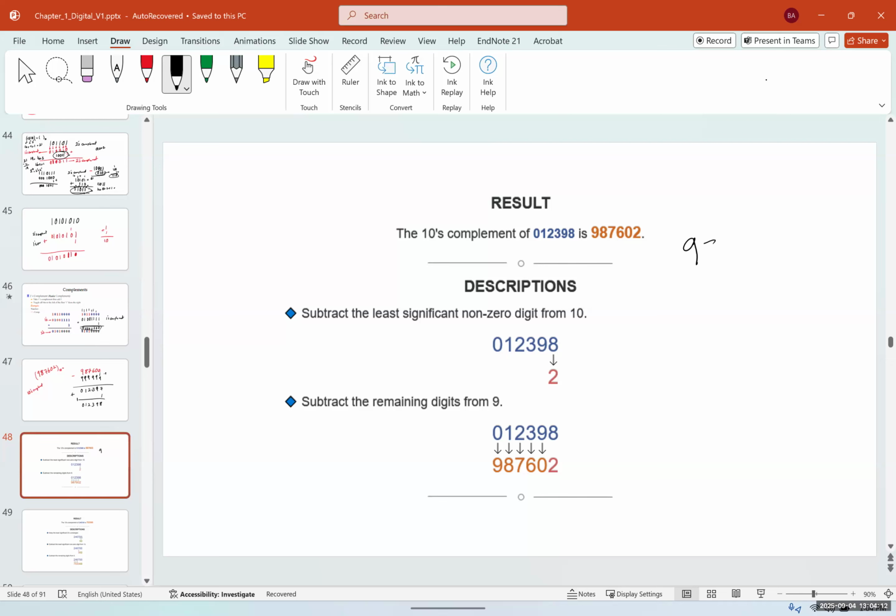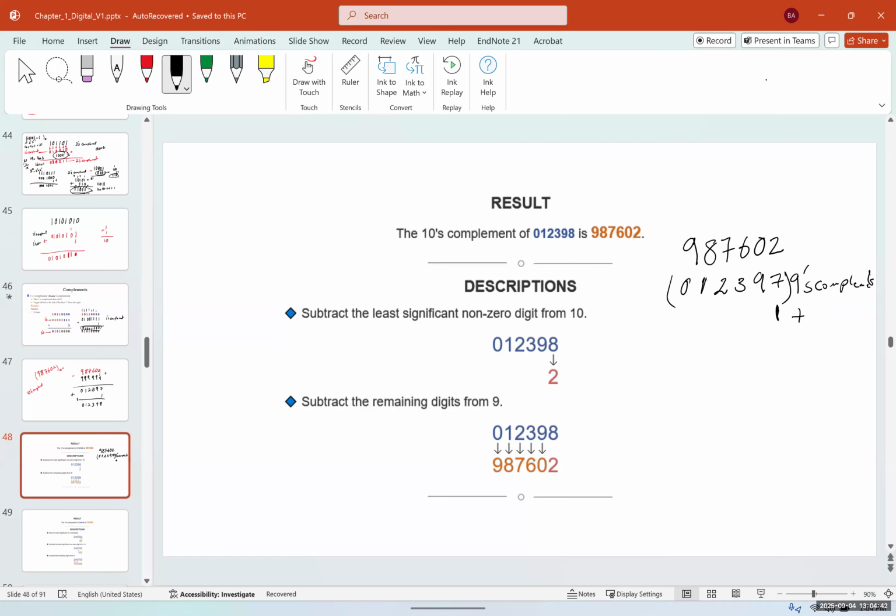So if I just want to find the 9's complement for this, 987602, everything is subtracted from 9. So this would be 012397. Am I correct? So this is the 9's complement of the upper number.